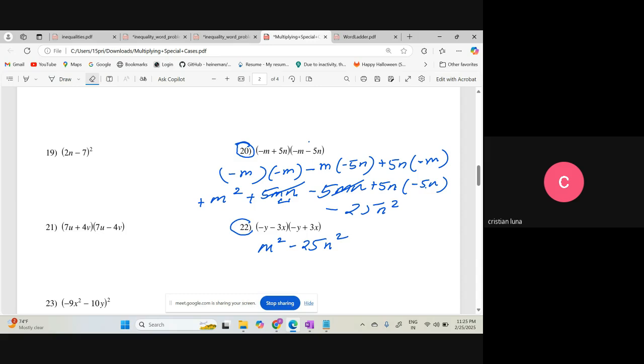3x times negative 1 equals a positive 3x. And then that's the negative 3x, minus 3x times 3x.